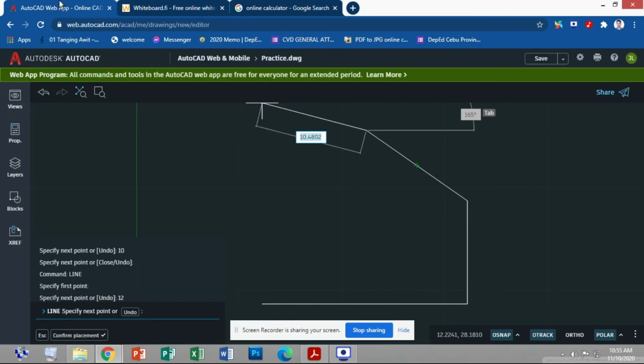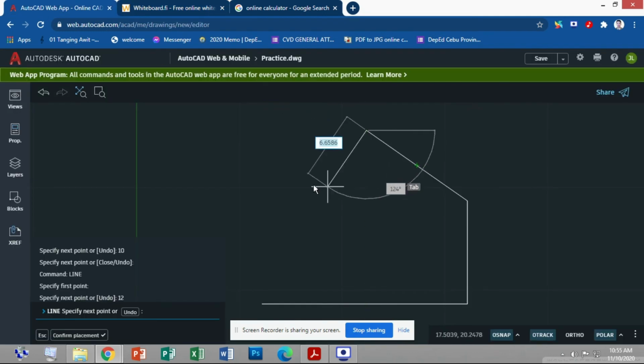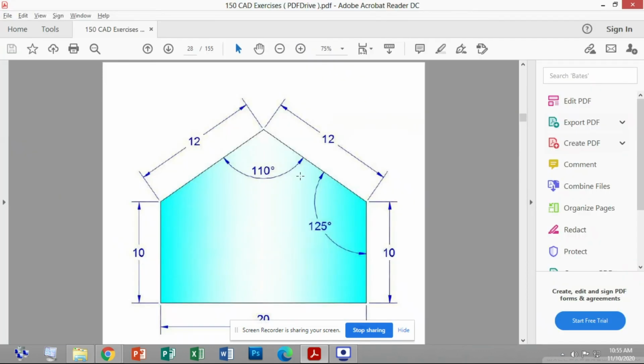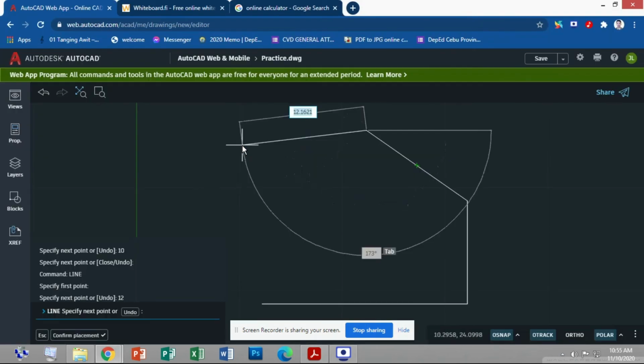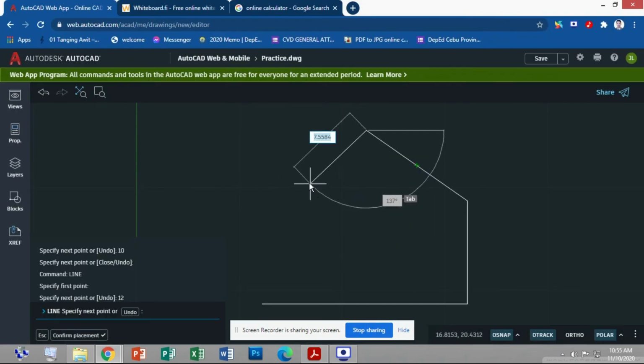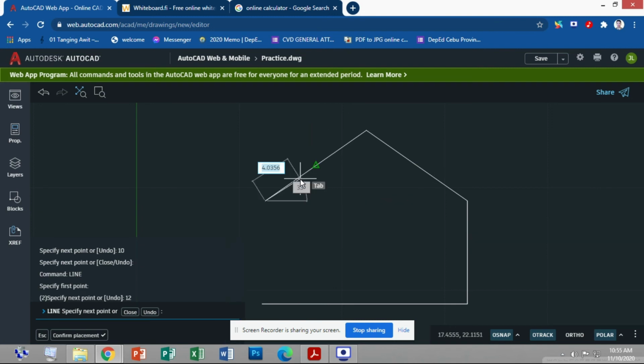Okay? So, back in our AutoCAD, tab natin, 145 degrees. At yung ating measurement, ang ating line, ito, is 12 units. So, we have 145 and 12 units.